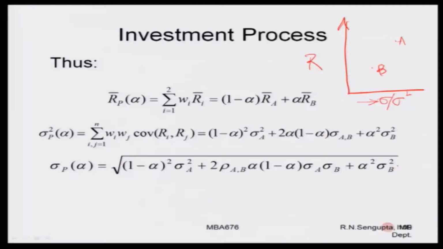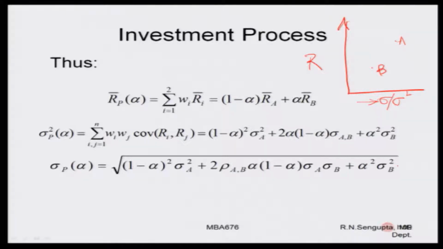If alpha is the weight for one stock, 1 minus alpha would be for the second stock. If the variances for the two stocks are sigma 1 square and sigma 2 square, the overall variance for the whole portfolio is given by this formula, and the square root of that will give you the standard deviation. Correspondingly, the weights can be found out based on the optimization problem which I just mentioned a few minutes back.